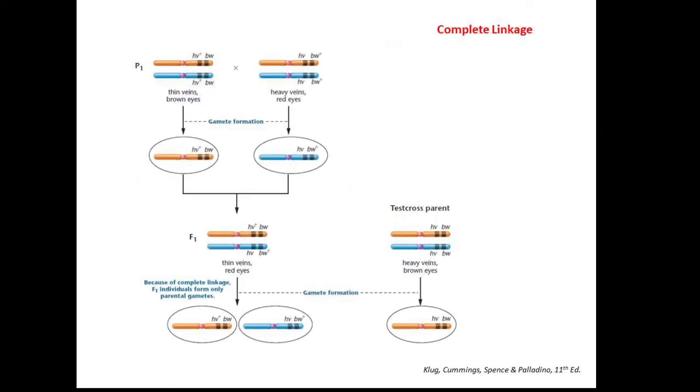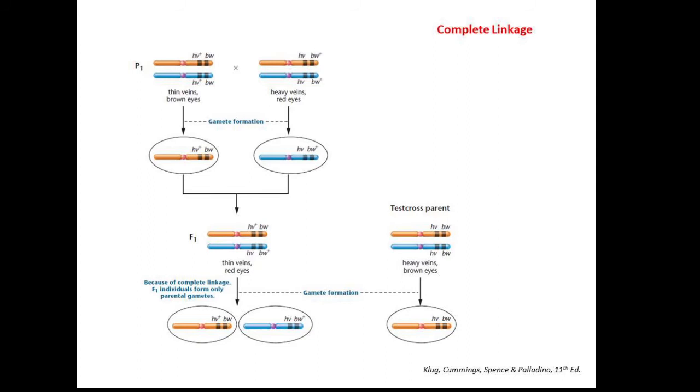In this picture, we'll go through the complete linkage event with an example of actual genes. These HV and BW are the two genes governing eye color and wing vein structure of Drosophila, the fruit fly.